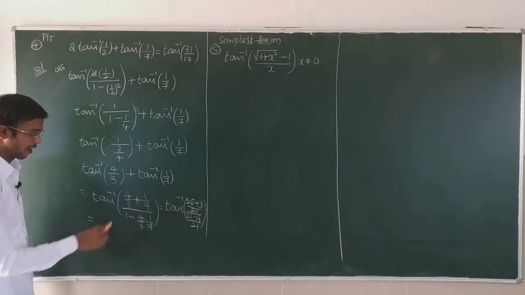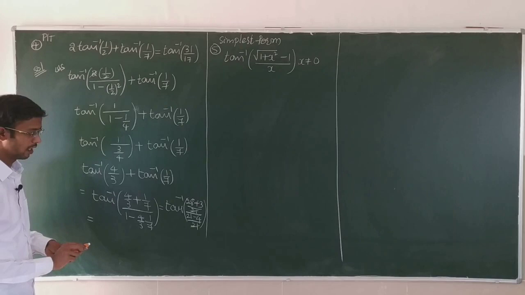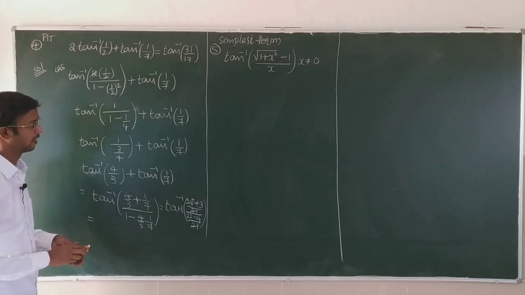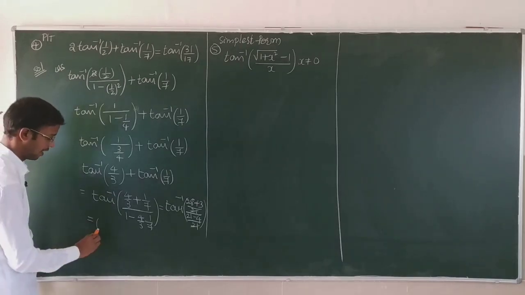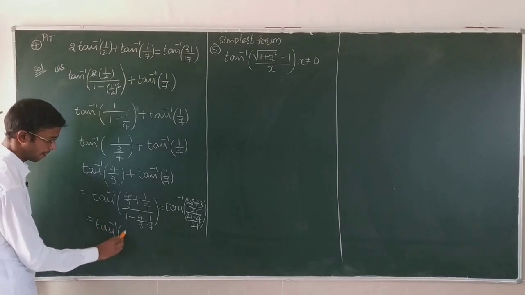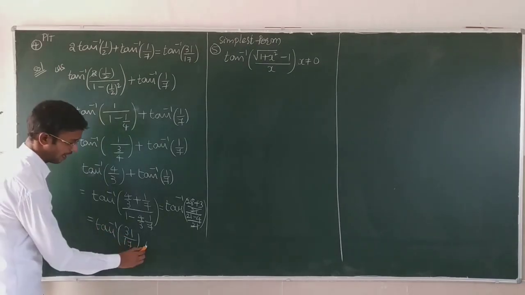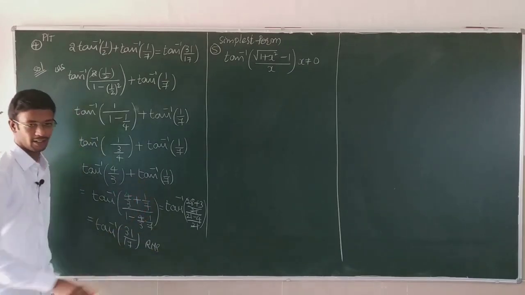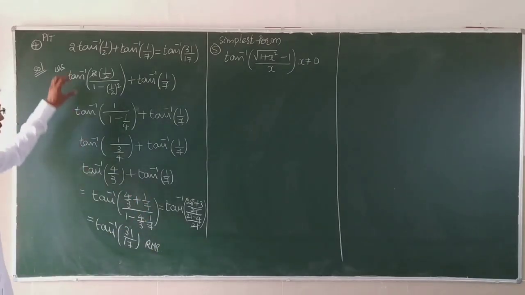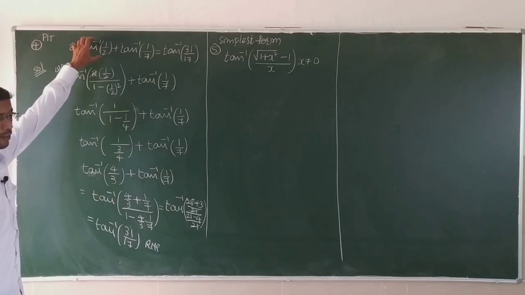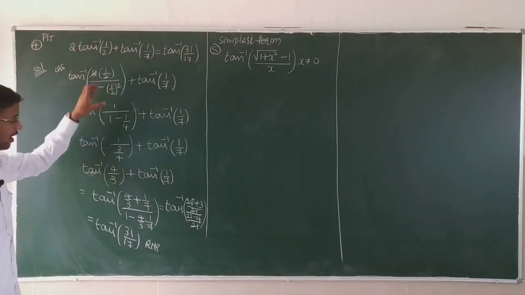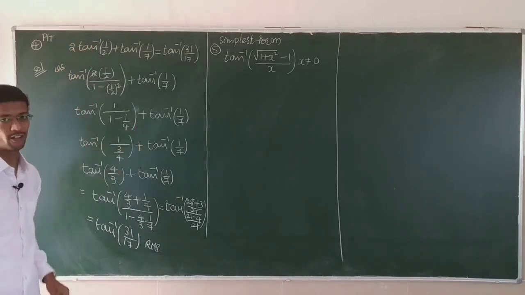Tan inverse of 31 by 17. This is the RHS. LHS is equal to RHS. First we have to simplify using the 2 tan inverse x formula, next tan inverse x plus tan inverse y.